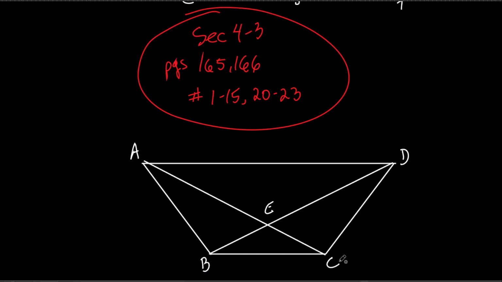So let's see what they ask. Look at the first one. It says, name the included angle between AD and DC. AD and DC. This one right here. So what would the included angle be between those two sides?